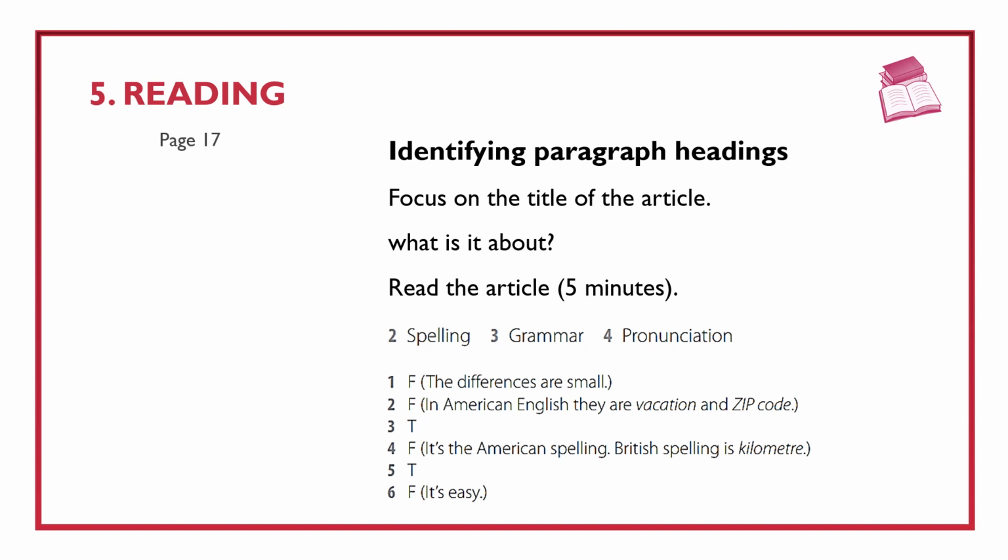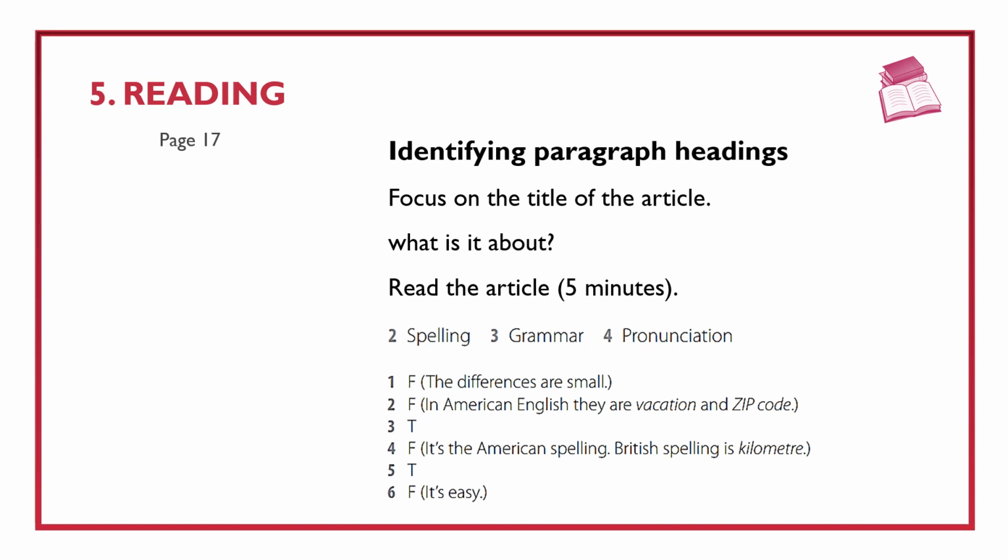So pay attention to the last part. It's T-R-E, not T-E-R. Number 5, British and American grammar are not very different. This is true. And number 6, it's difficult to know if a person is British or American from their accent. It's false because it's easy.